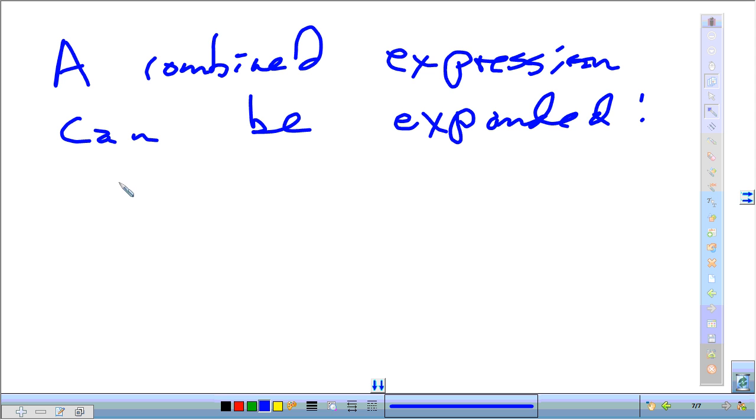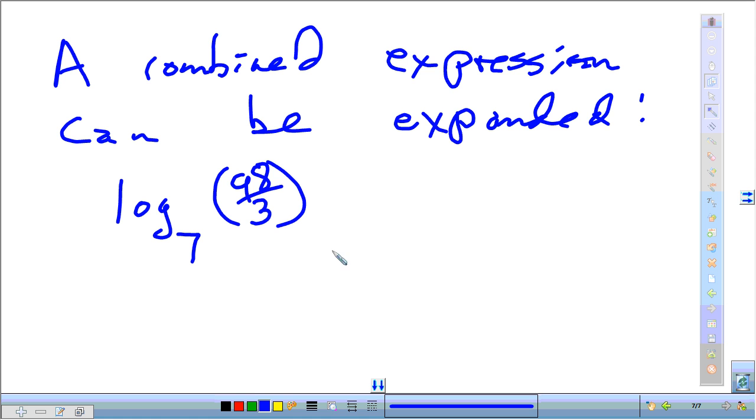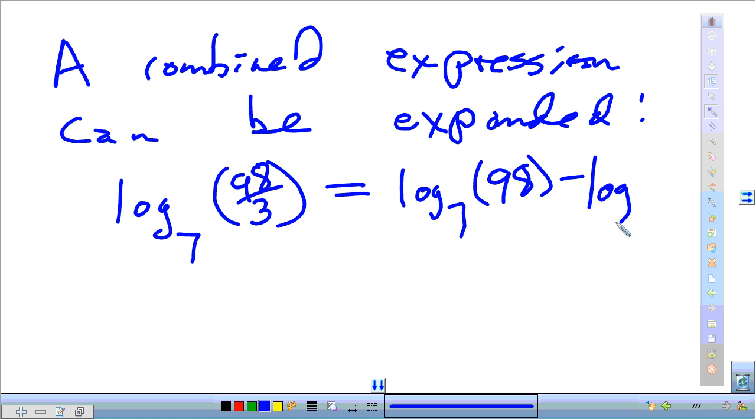You start with a combined expression. So maybe I have log base 7 of 98 over 3. So I could break that apart. First I see a division, so separate logarithms as a difference.